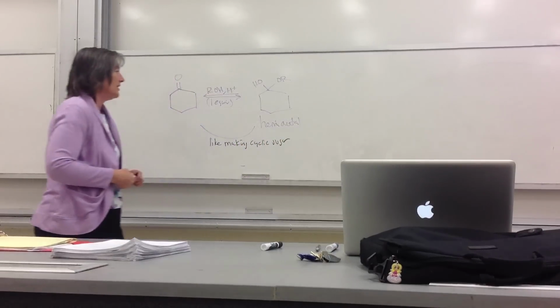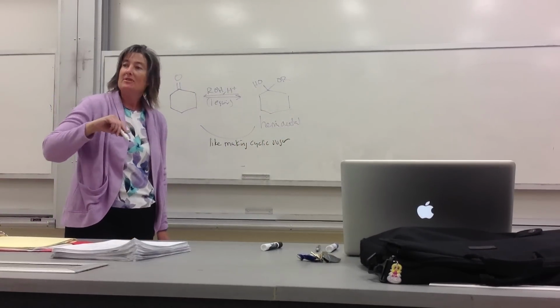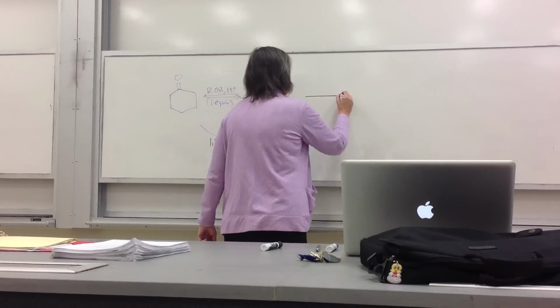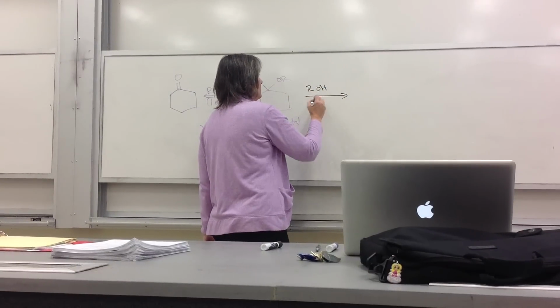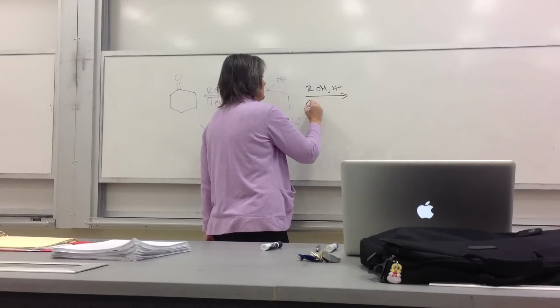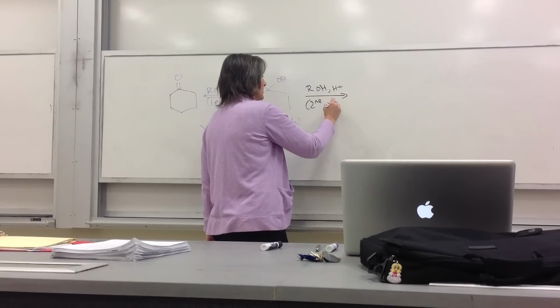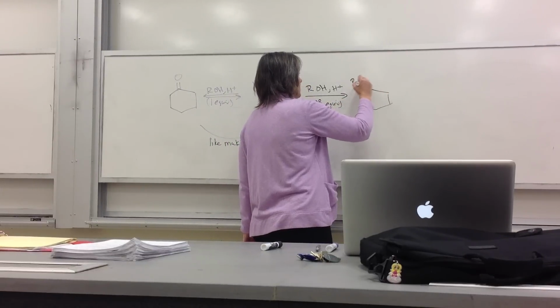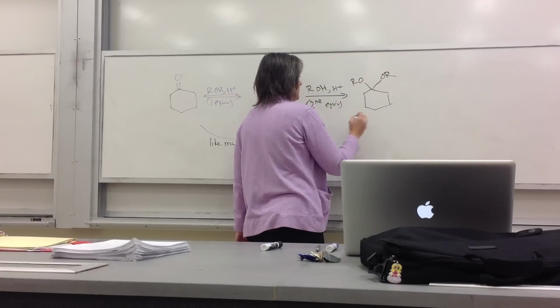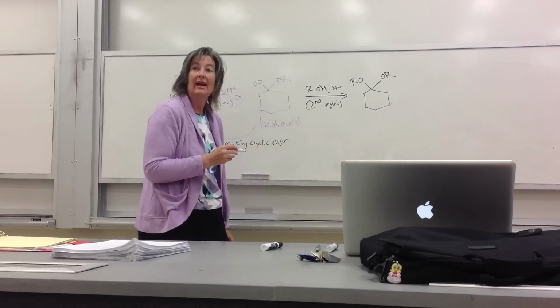It's a hemiacetal. Then if I took my hemiacetal and treated it with another equivalent of alcohol, H+, so this is my second equivalent, I could get this. This was an acetal.